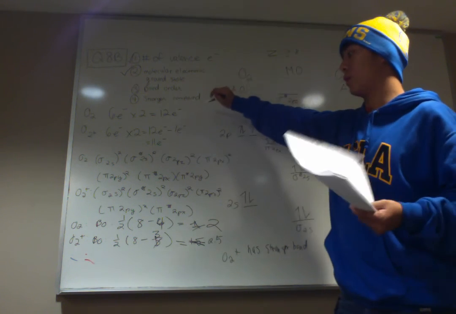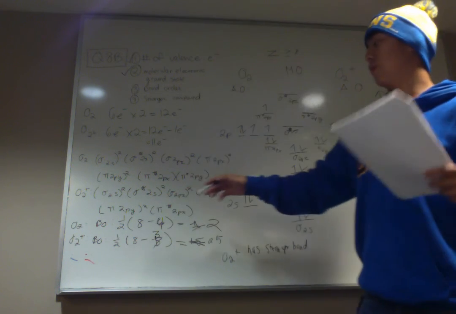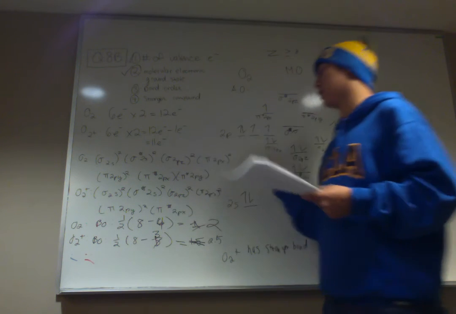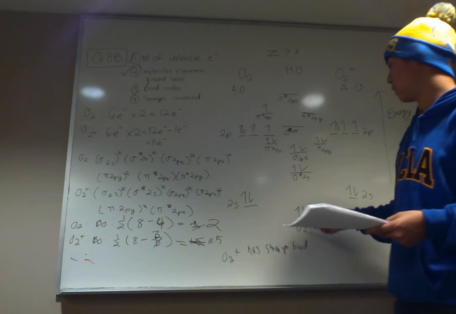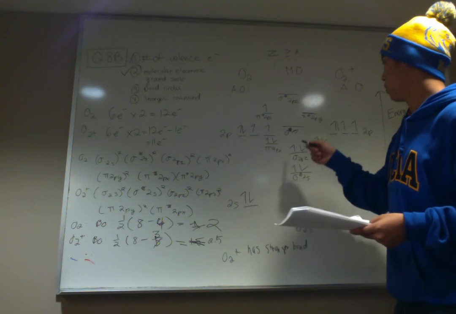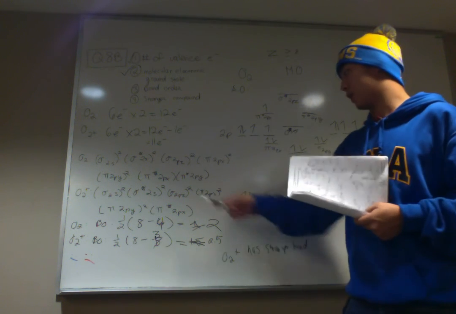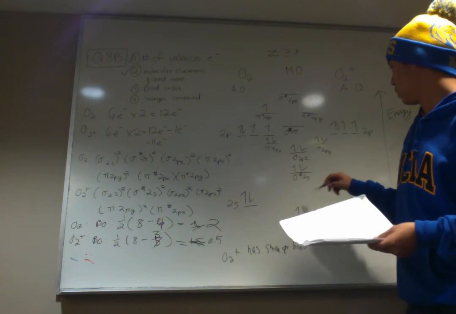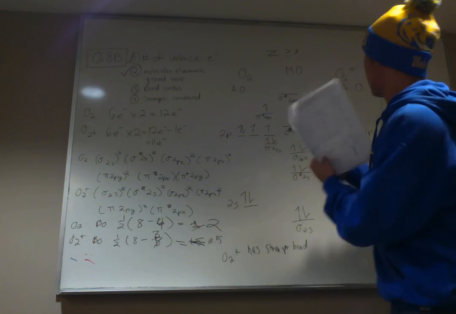For bond order, it's basically 1/2 times the number of bonded electrons minus the number of antibonded electrons. For O2, the number of bonded electrons is 2, 4, 6, 8, and the number of antibonded electrons is 2, 3, 4.